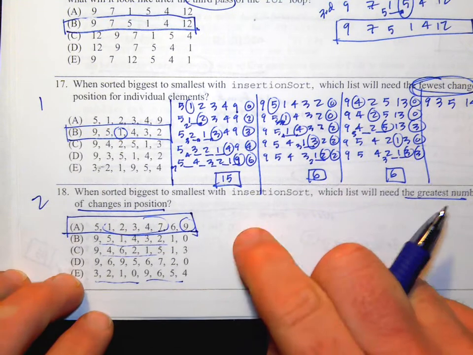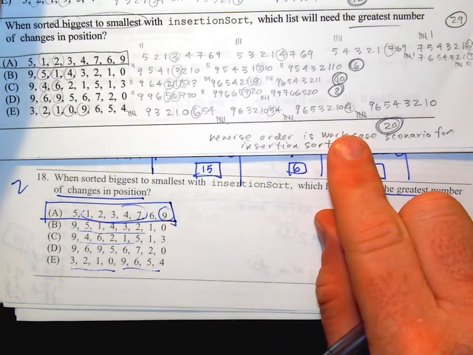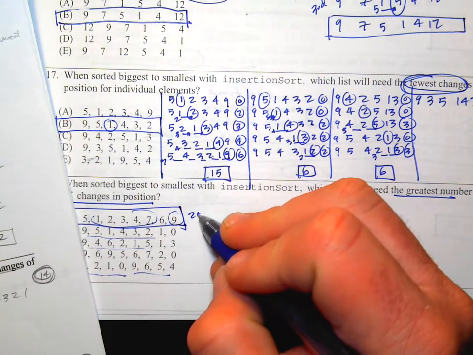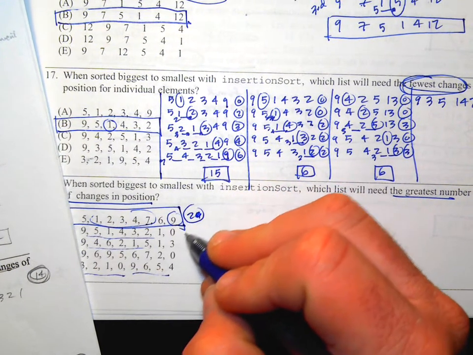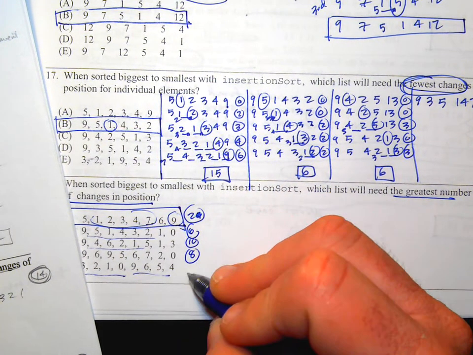But the way I did it was I started doing the work like I was showing you right there. And so I got 29, and then I got 6, I got 10, I got 8 moves, and I got 20.